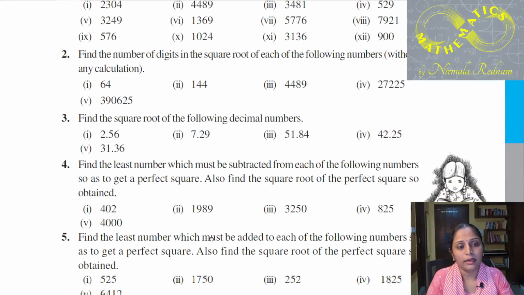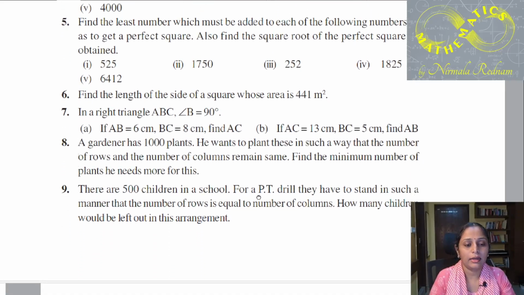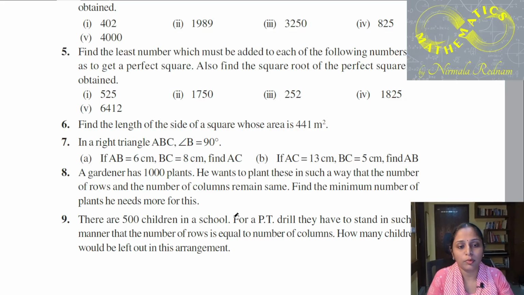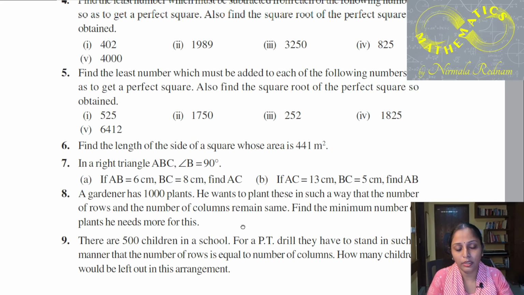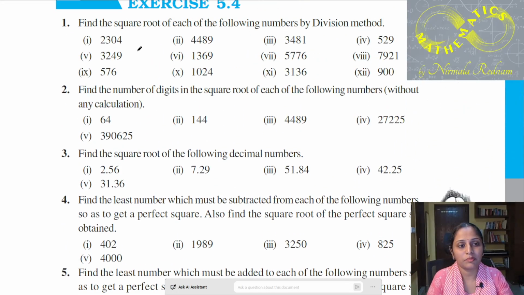It might become very lengthy if I explain each and every sum. Maybe we will solve these word problems in this current format, but for these sums, the first question with like 12 sums in long division method, maybe a video with just the solutions is going to be sufficient.